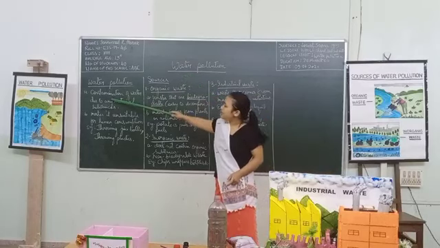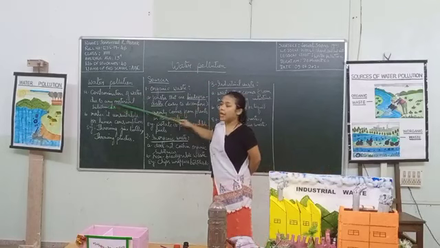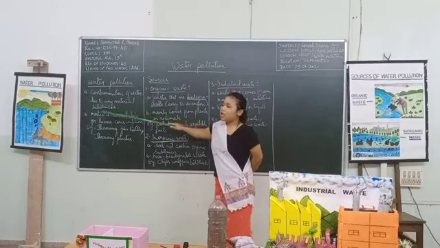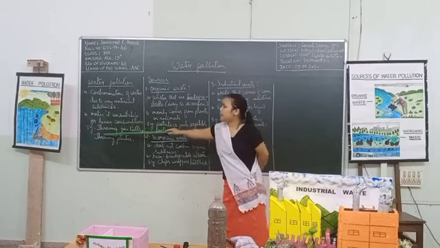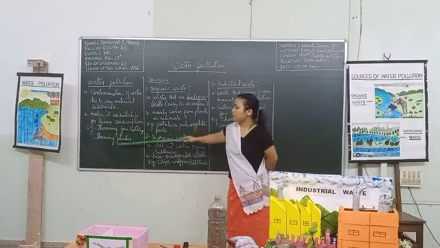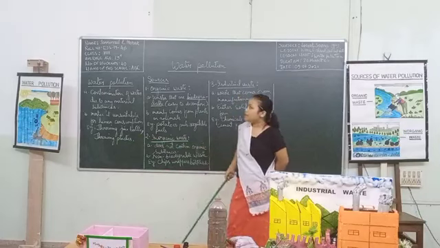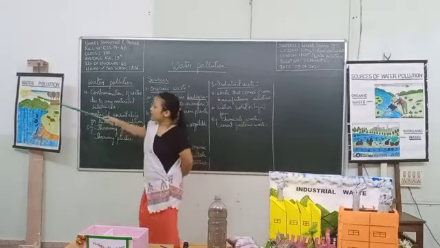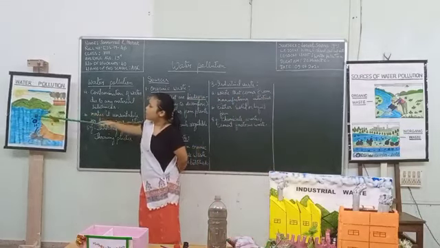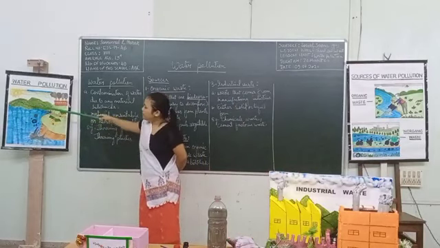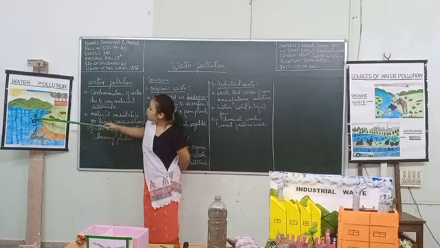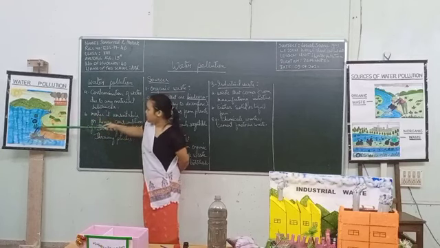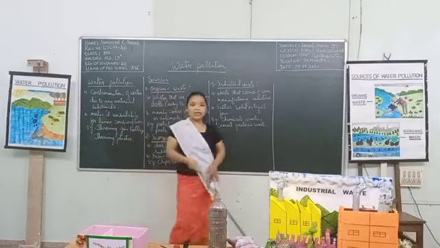Water pollution is the contamination of water due to any material substances that makes it unsuitable for human consumption. For example, throwing juice bottles, throwing plastic. Look at the chart class, as can be seen in this picture, these garbages are thrown in these water bodies, and that's how this is polluting the water. Now come back to the board class.